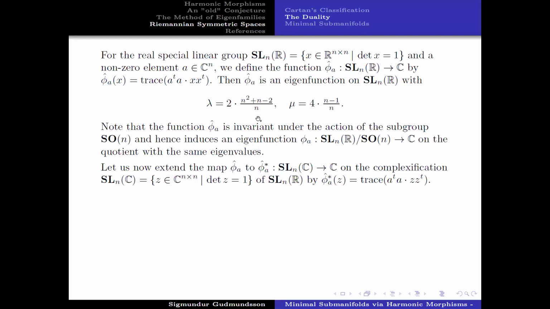So, okay, you have this map here. Now, let us extend the map to the complexification. Okay, so this is the complexification of this. And it's exactly the same formula, except these real matrices are now complex.